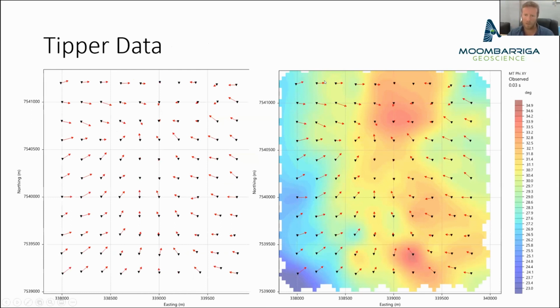Induction arrows are always fun to look at. Again, I've scaled them up a little bit just for effect, but the advantage of getting high quality vertical field data is that you can plot these arrows up and they can support what you're talking about or not, and they also tighten up your inversion to a certain degree.